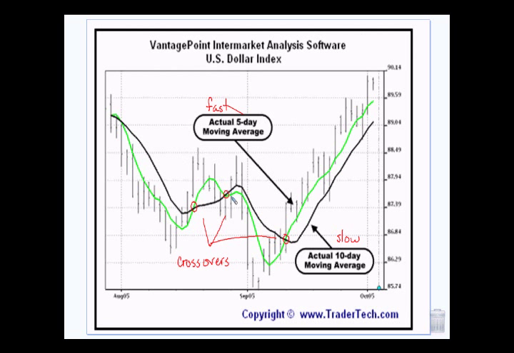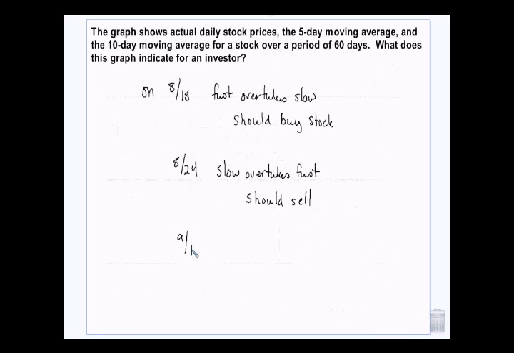And then when we get back, so 24, 25, 6, 7, September 5th. Okay, I don't even know what day it is. So we'll just go with 5, 6, 7, 8, 9, 10, 11, 12. September 12th. The fast overtakes the slow again. And so you should buy.